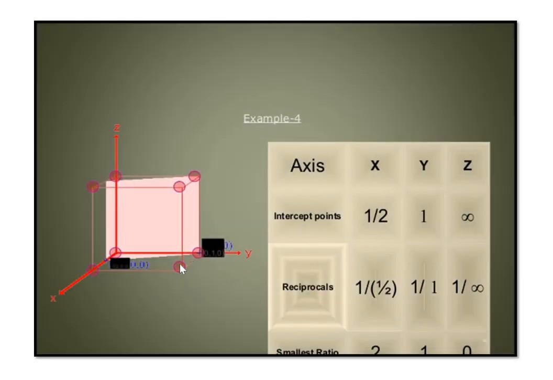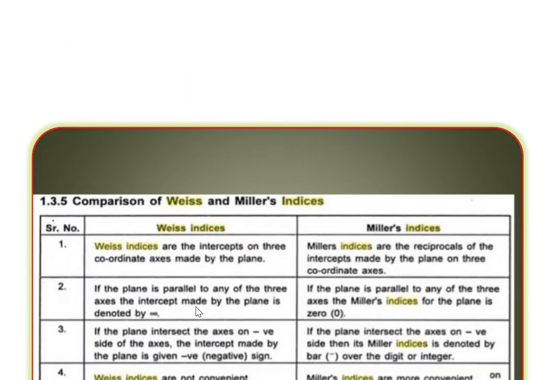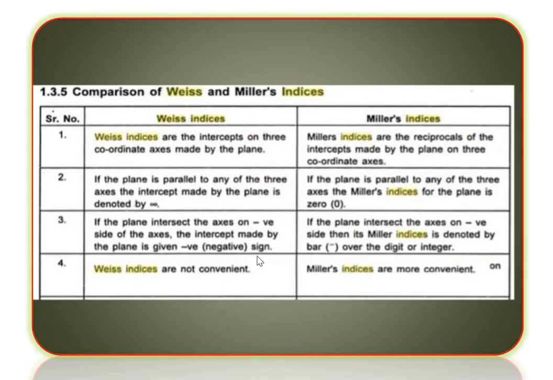Then in this figure, this plane intercepts along the x-axis at 1/2, along the y-axis at 1, and it is parallel to the z-axis, so it is infinity. Reciprocals are 1 upon 1/2, 1 upon 1, 1 upon infinity. So the smallest ratio is 2, 1, 0. Miller indices are 2, 1, 0. So we can say that Miller indices are very simple to calculate.